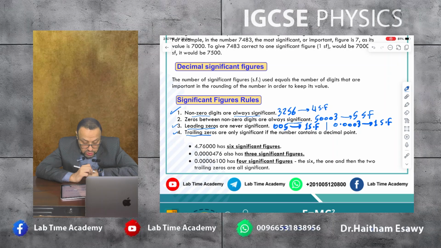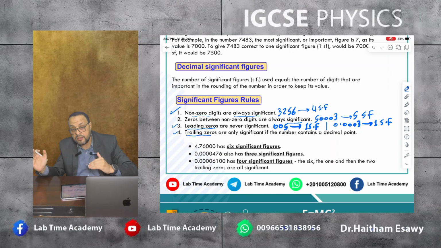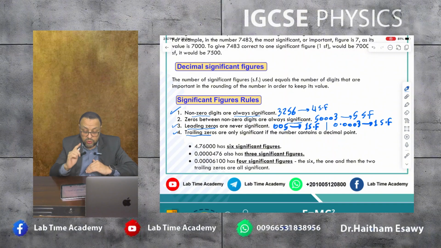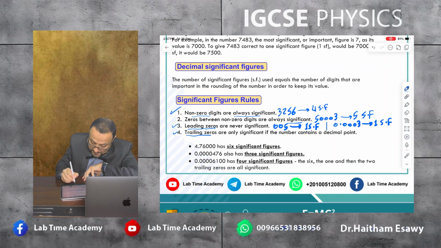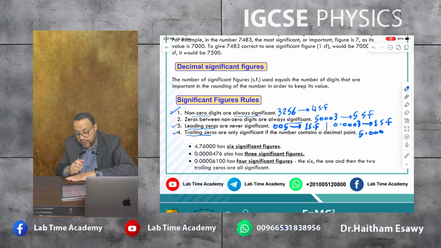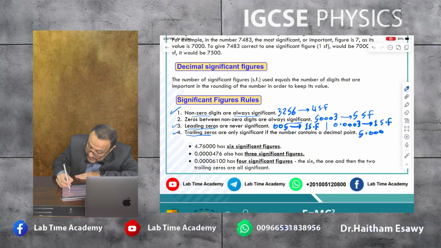Let's go to number 4, trailing zeros, zeros on the right. Actually, you can count the zeros on the right only if we have a decimal. For example, if we have 5.000, how many significant figures? Here we have zeros on the right, but we have a decimal. So actually here you have to count the zeros on the right because we have a decimal. So we have 1, 2, 3, 4. So we have 4 SF, 4 significant figures.